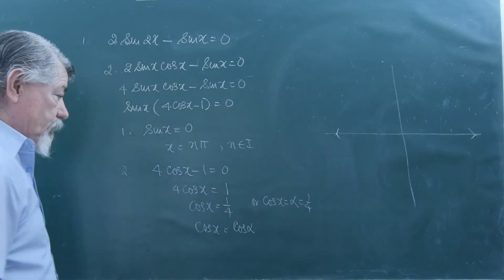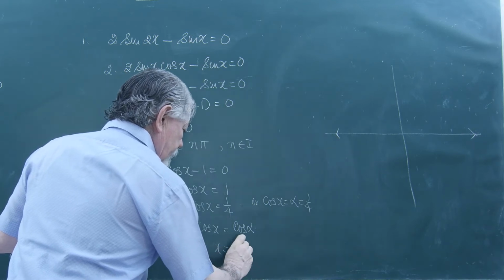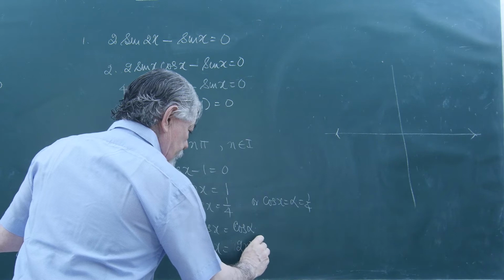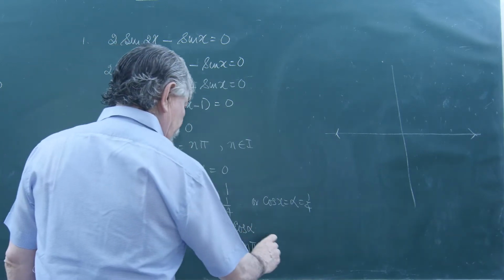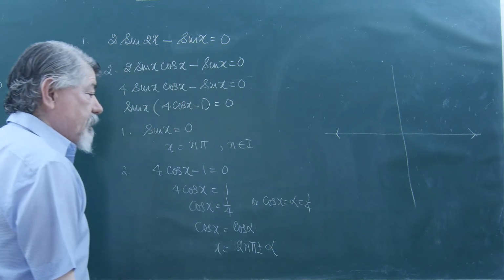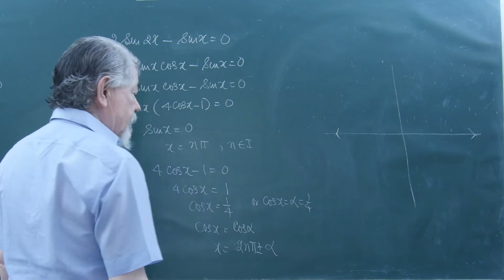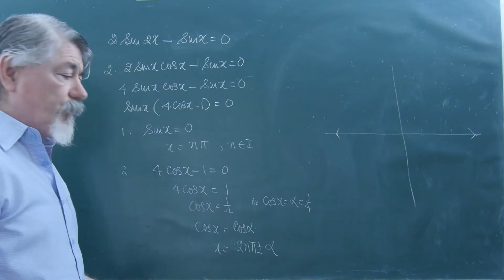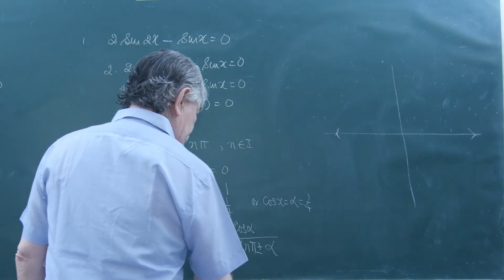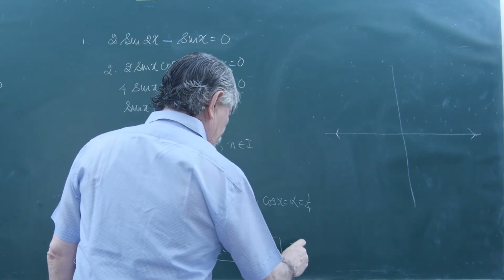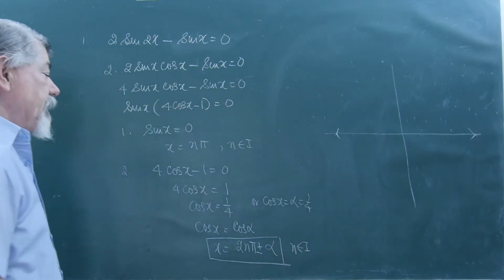Then what is the value? x is equal to 2n pi plus minus alpha, where alpha is cos inverse 1 upon 4. So we get the value, and where n belongs to the set of integers.